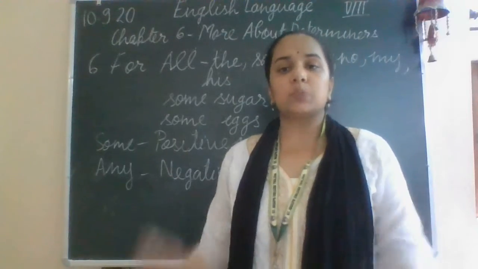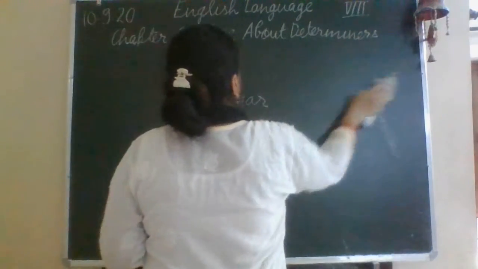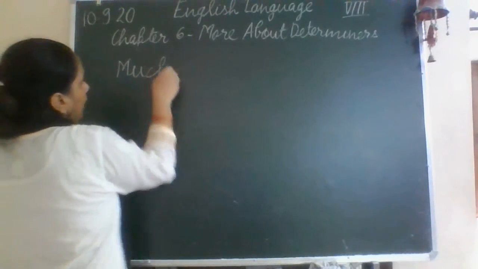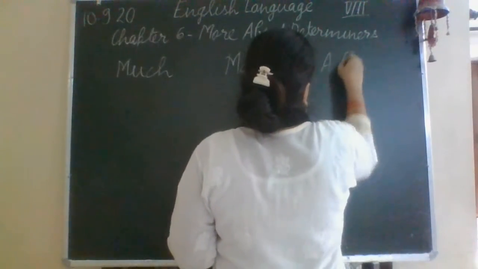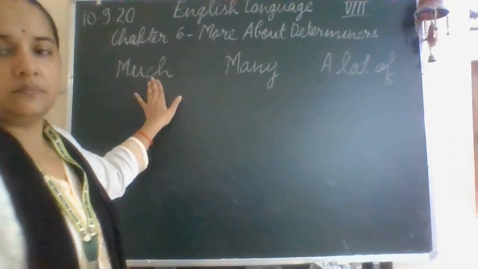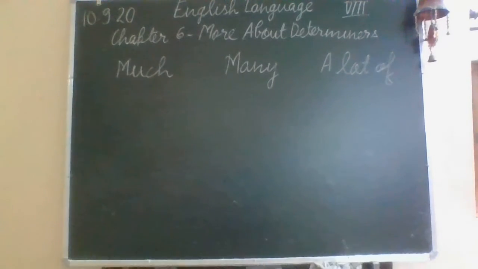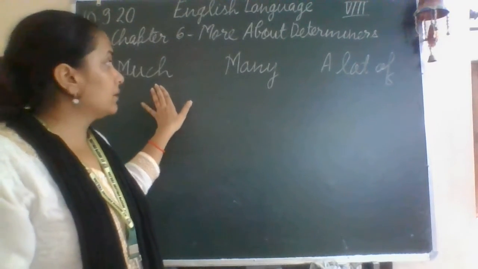The next one is that we are going to discuss much, many, and a lot of. So you can easily understand that much will be used when we cannot count the things, for uncountable.